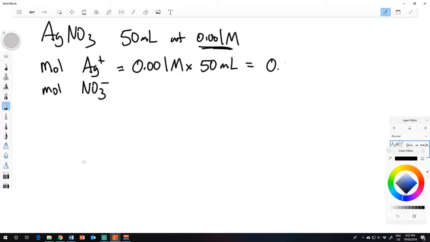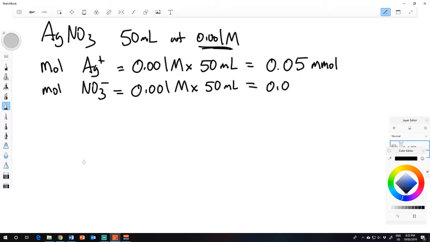When I carry out this multiplication, I get 0.05 millimoles. The 1-to-1 ratio of silver and nitrate means the nitrate is also 0.05 millimoles.